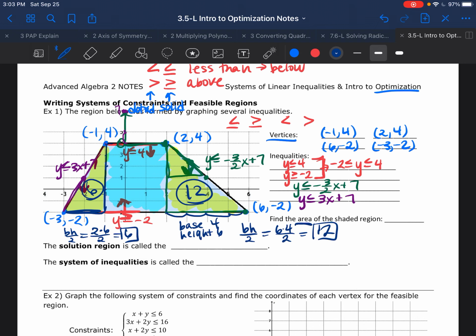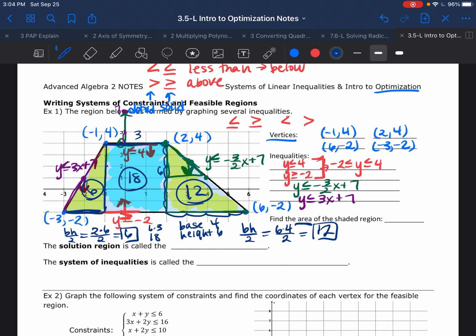And then for our rectangle, we've got a base of 3, a height of 1, 2, 3, 4, 5, 6. And so for a rectangle, it's just base times height, which is 6 times 3, which is 18.